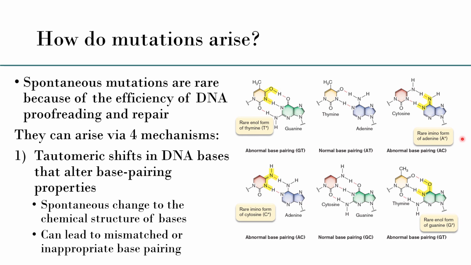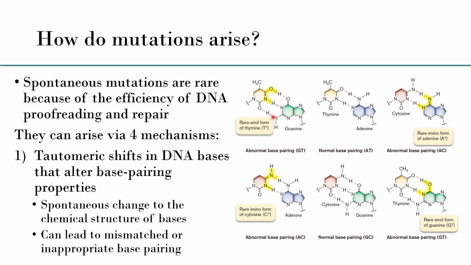The first one is tautomeric shifts in the DNA bases. Basically, this is some type of spontaneous change to the chemical structure. So, if we see here the adenine and the thymine, this is their normal base pairing. You can have an instance where this bond between the nitrogen and the hydrogen is suddenly removed, or the bond is transferred, and now they're experiencing a hydrogen bond rather than a normal covalent bond.